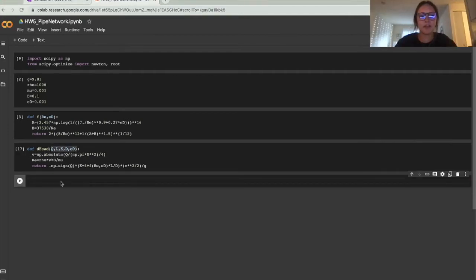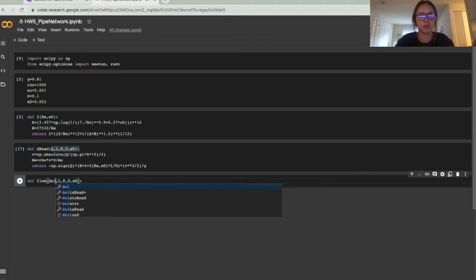So now that we have a function that is calculating d head for us, we also want to make a function that is calculating the flow. So we're going to define a function of flow, and it has the same inputs as this. However, the Q is going to be replaced with delta head, but we don't want to write d head because that will want to take in the function, and that's not what we want, so we are going to write out delta head.